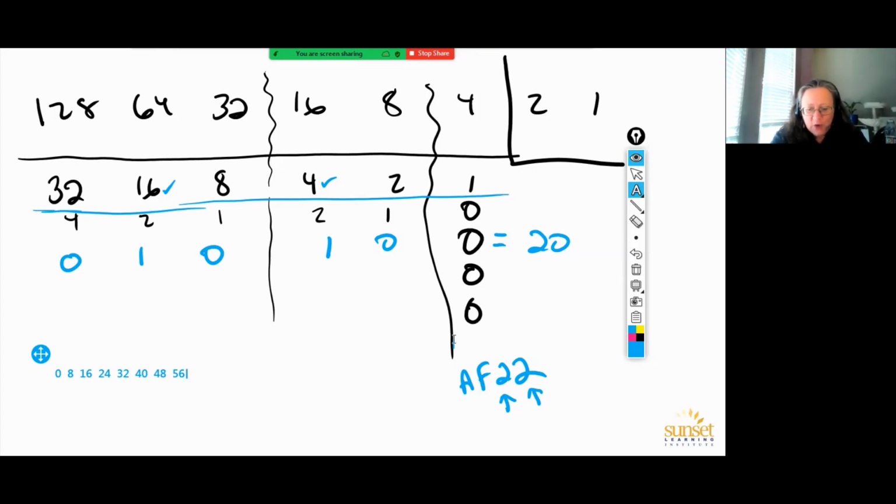But none of those, remember we said that expedited forwarding is a 46, and we said that assured forwarding 41 was a 34. So I don't see those values here.